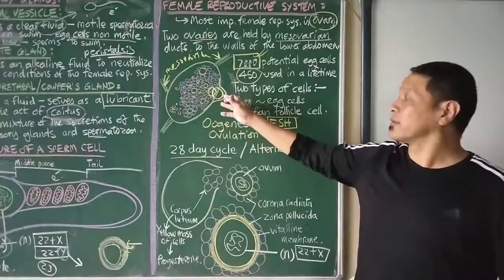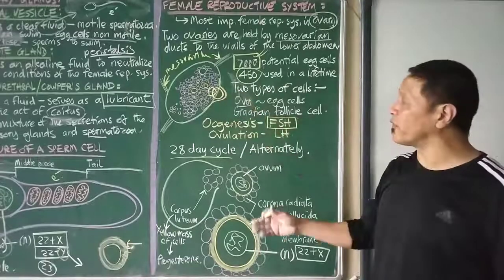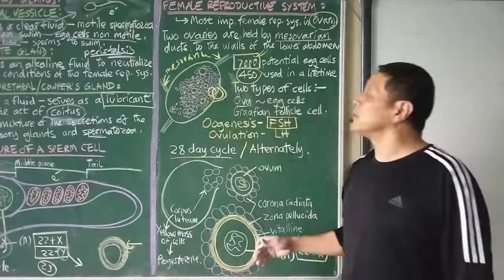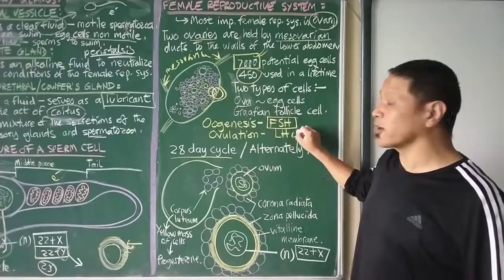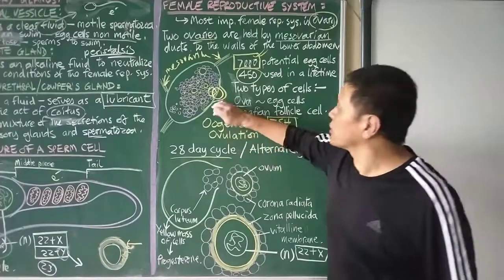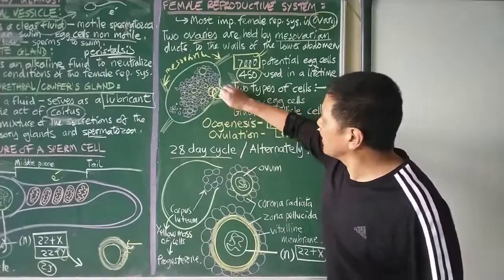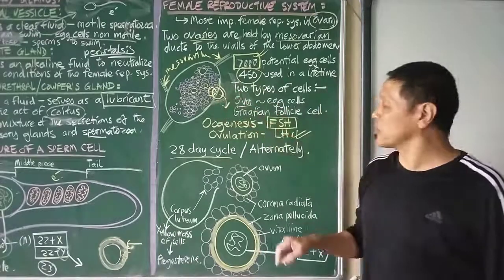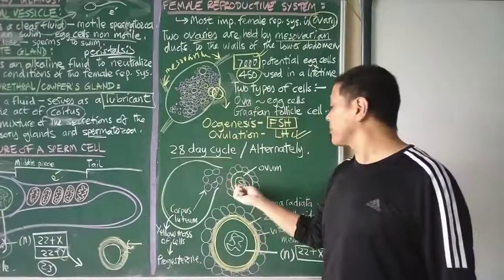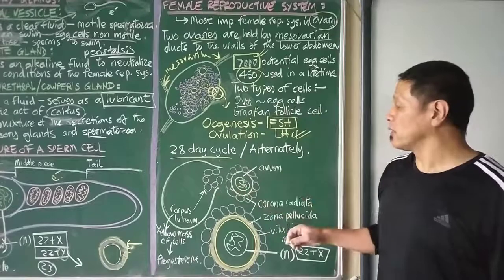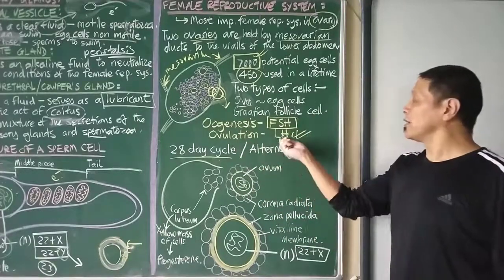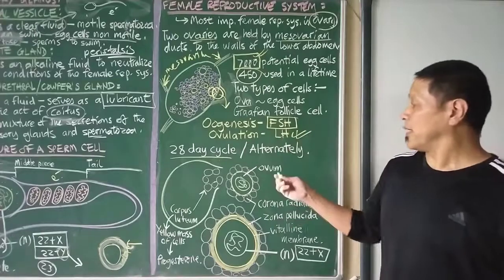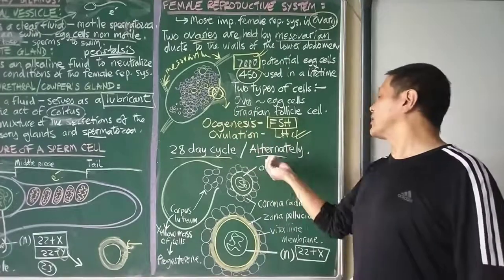Therefore, just like a boil which is painful, this causes pain to a female. And under the influence of the luteinizing hormone, this wall ruptures and releases the mature egg cell. This rupturing and the release of a mature egg cell is known as ovulation. It is controlled by luteinizing hormone. And the ovaries work alternately.